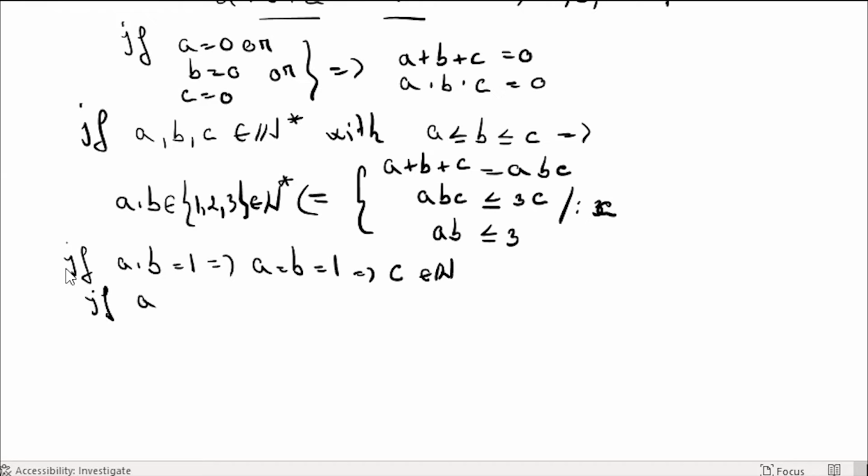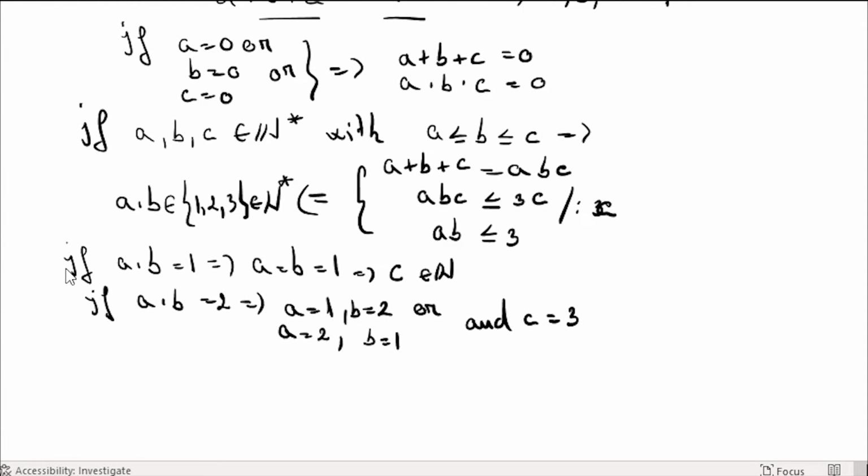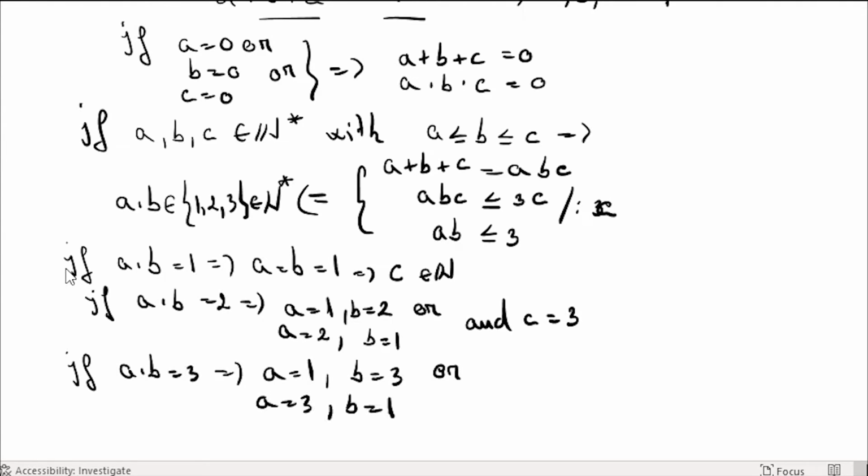So if A multiplied with B equals 2 this time, we have A equals 1, B equals 2, yes, or A equals 2, B equals 1, and in this case C equals 3. Another case, if A multiplied with B equals 3, it results that A equals 1, B equals 3, or A equals 3 and B equals 1.